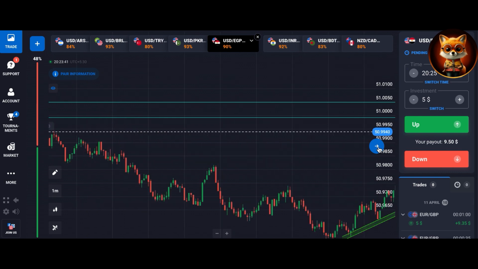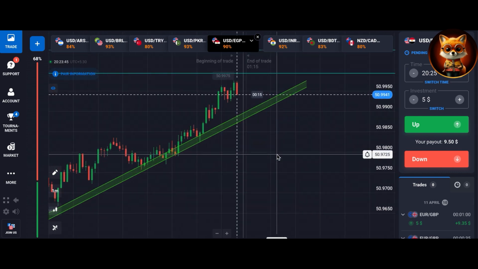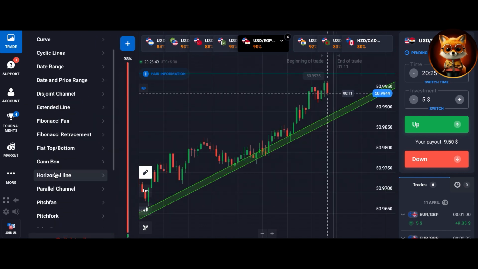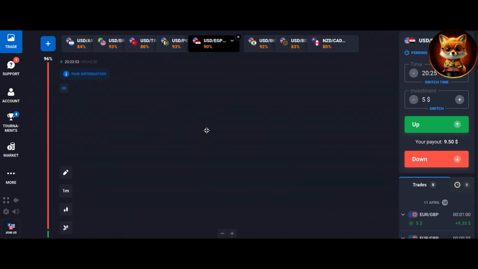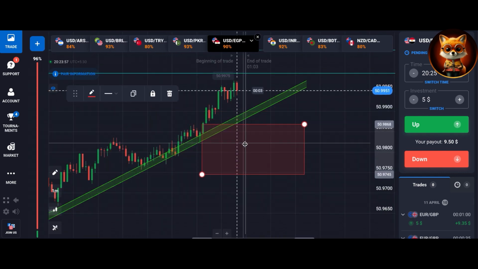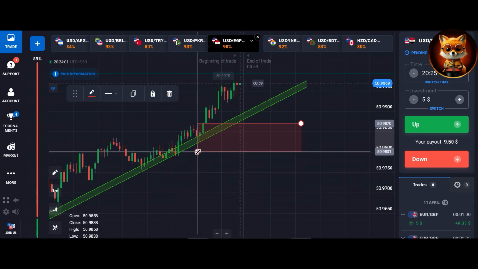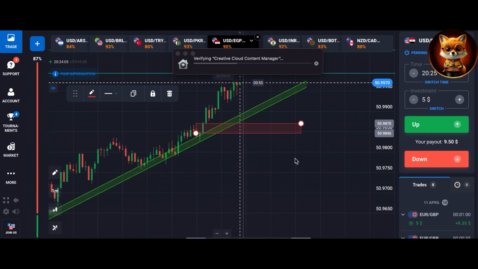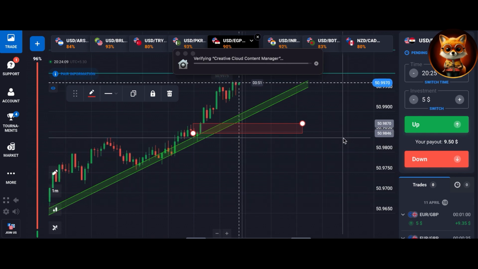Okay, and if we draw the rectangle to find the fair value gap where the market has created a gap, we can find it exactly like here. Okay, and here it goes.